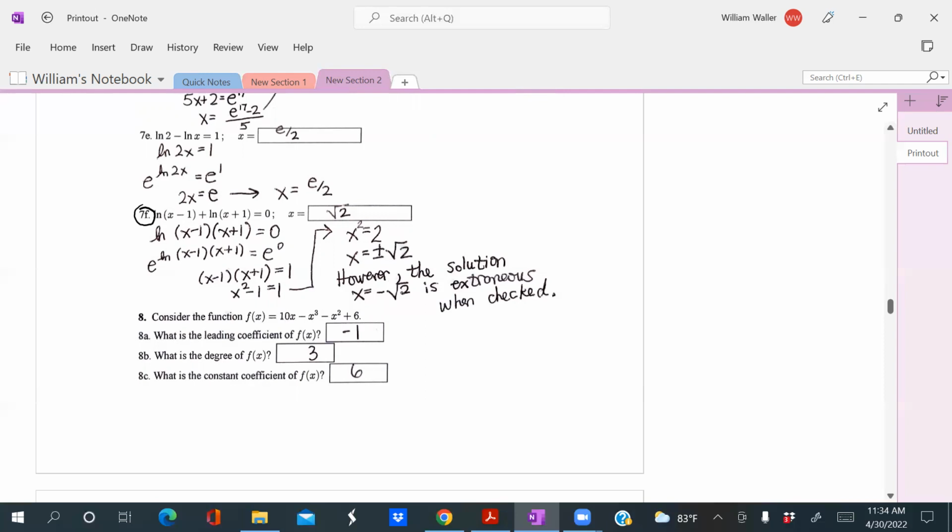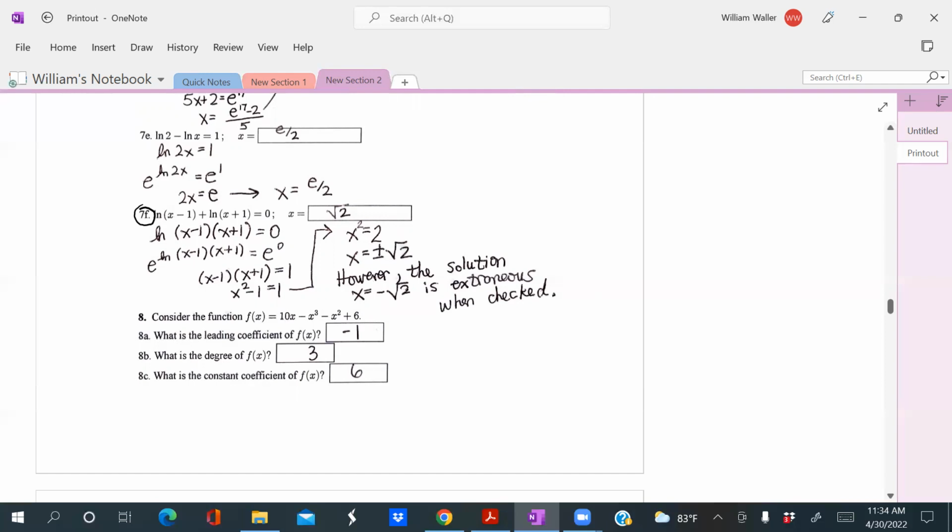So notice that when you take minus square root of 2 and try to check that answer by plugging it back into this equation, you will get minus square root of 2 minus 1. That is a negative number, and you cannot take the natural log of negative numbers. You can only take the natural log of positive numbers, not even 0.